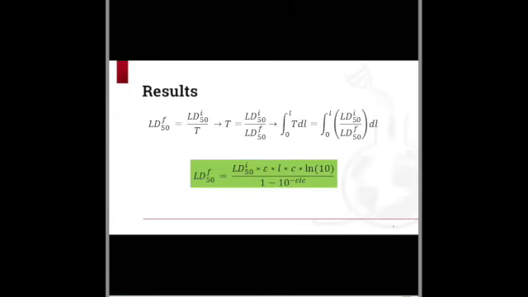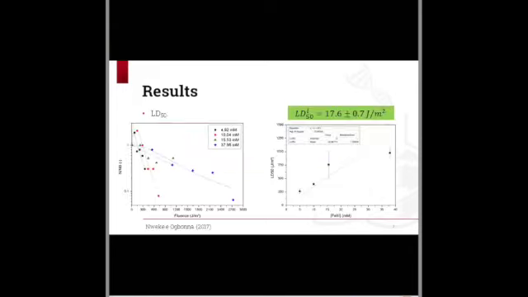Also using the Beer-Lambert law, we get an equation that correlates the median lethal dose for survival of this microorganism with and without iron, the molar absorptivity and the concentration of the ferric ion, and the optical path length of these solutions.